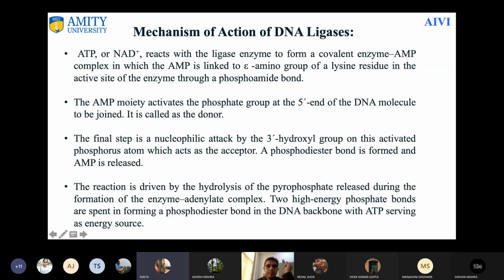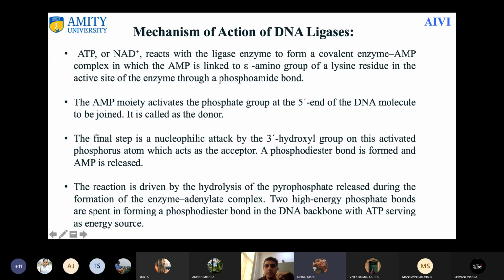Sir, I said nucleophiles are electron-rich species and they donate a pair of electrons to the electrophile, which are electron-deficient species. Okay, what do you say, Nehal? Sir, I was saying that they are electron donor species that donate the electrons.